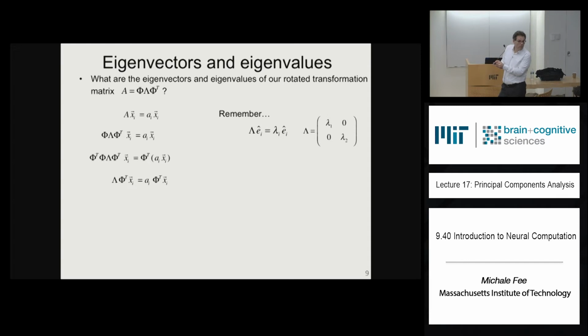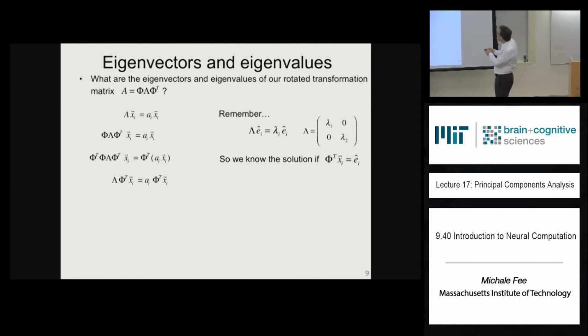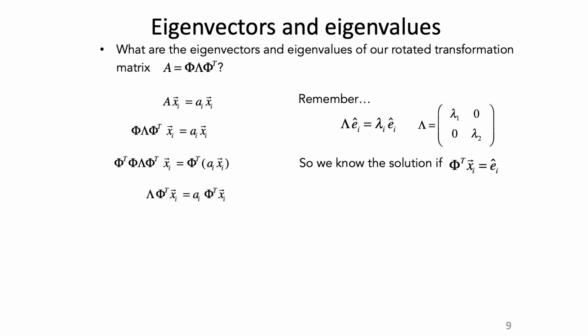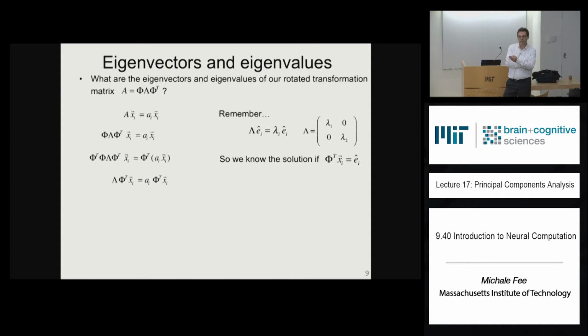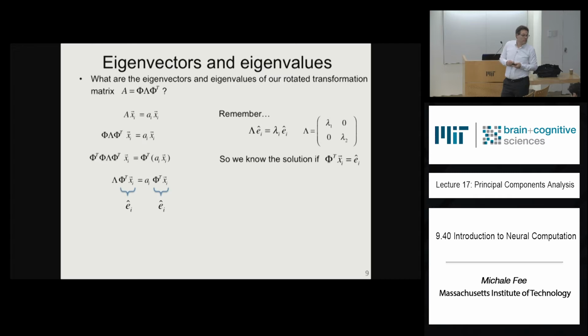Does that make sense? So we know that the solution is satisfied by phi transpose x equal to one of the standard basis vectors. If we replace phi transpose x with one of the standard basis vectors, then that solves this equation.